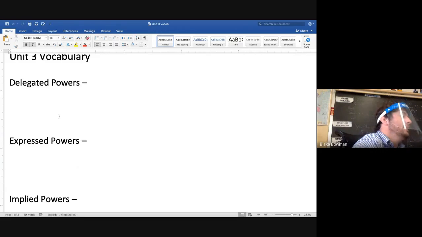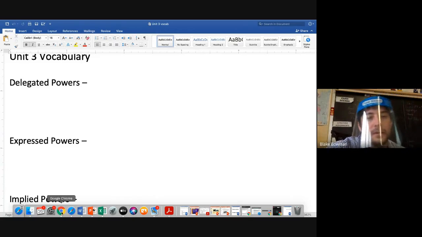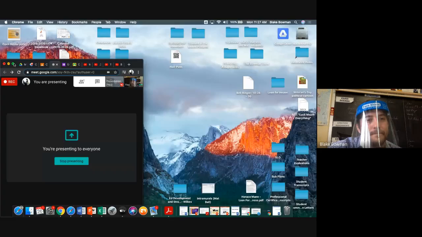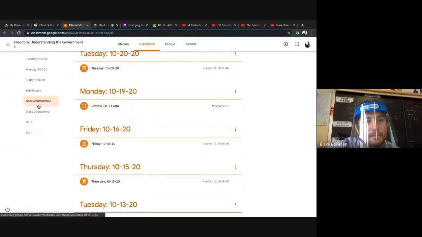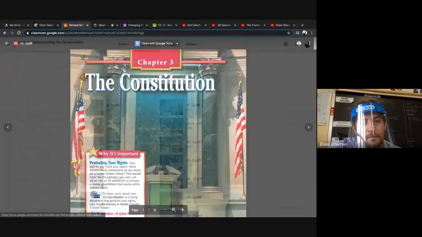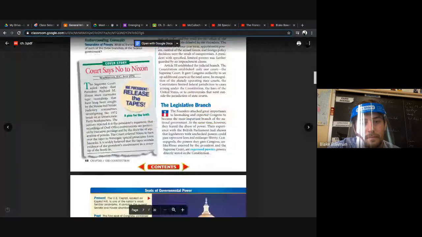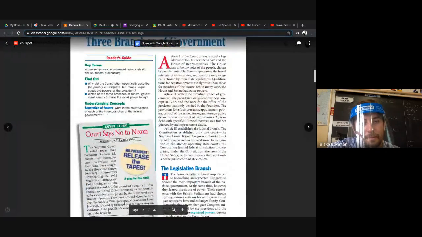All we're going to talk about is the legislative branch. So it's section 2, three branches of government. I'll pull it up too. There it is. Branches of government.